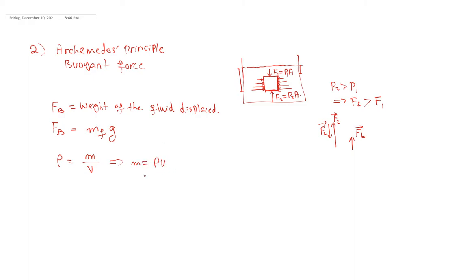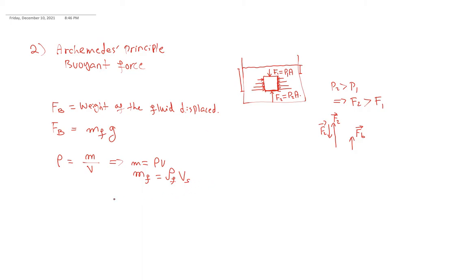So the mass of the fluid which is displaced is the density of that fluid times the volume of that fluid which is being displaced. The volume of the fluid which is displaced is the same as the volume of the object submerged inside the fluid. It's called Vs.